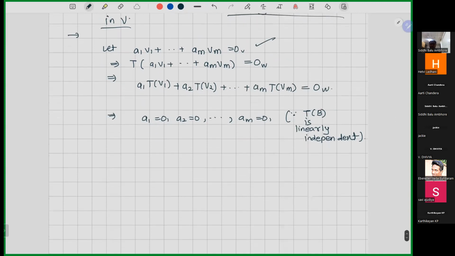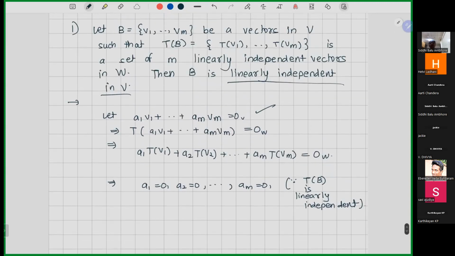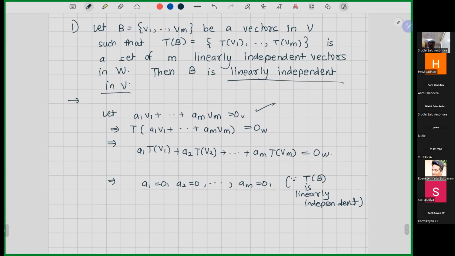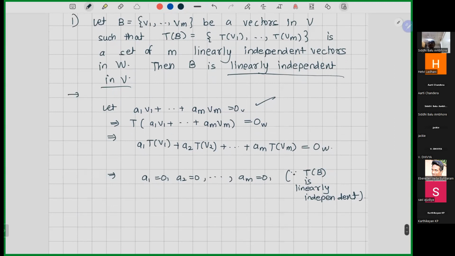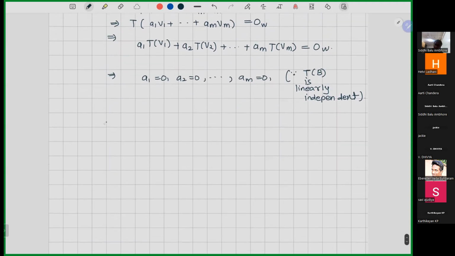So B is linearly dependent or independent? All the scalars are 0. As Karthikeyan said, therefore B is linearly independent.